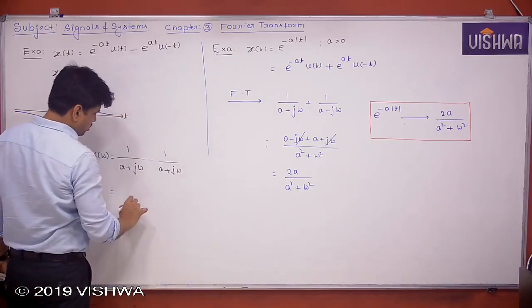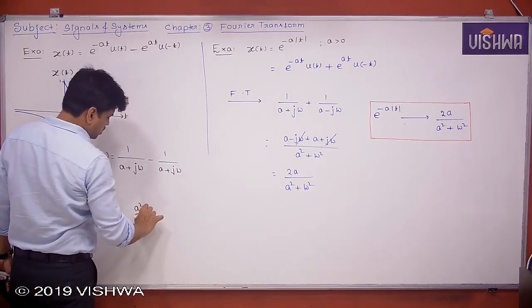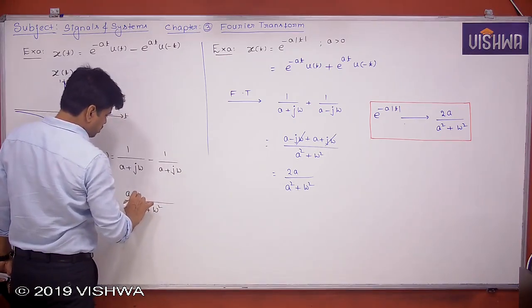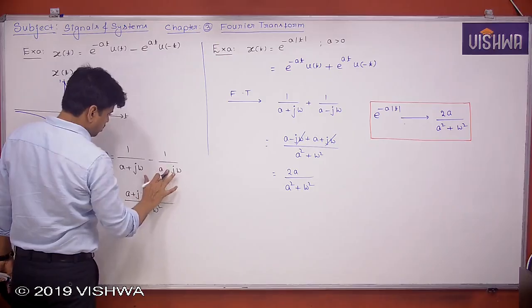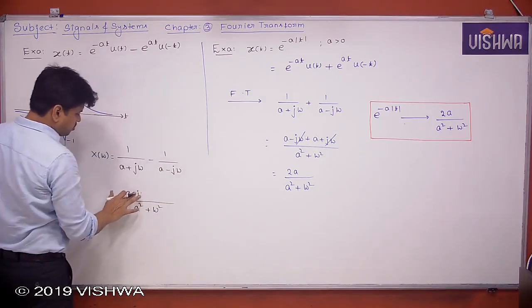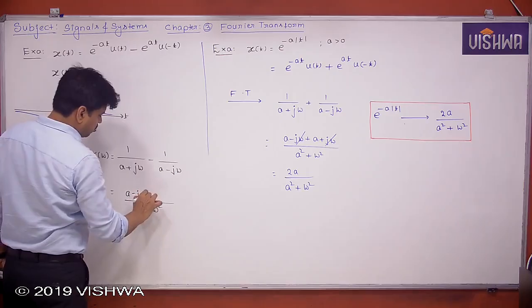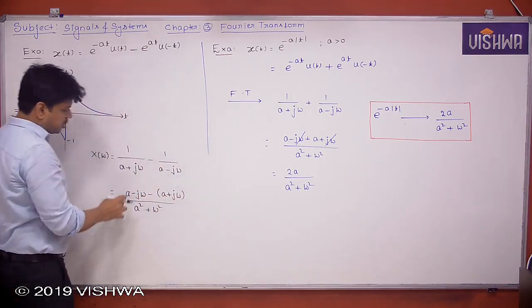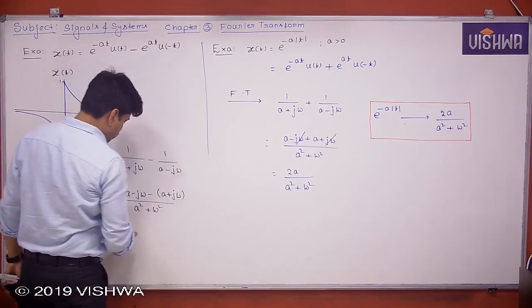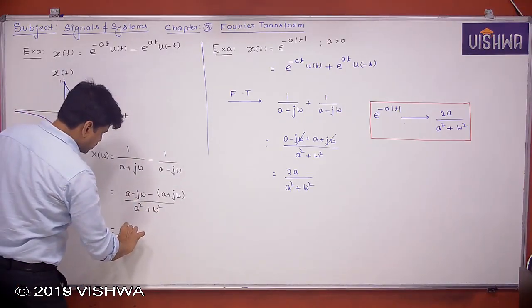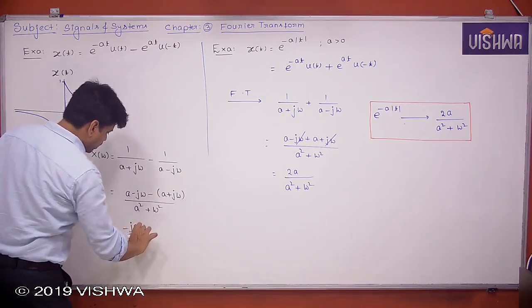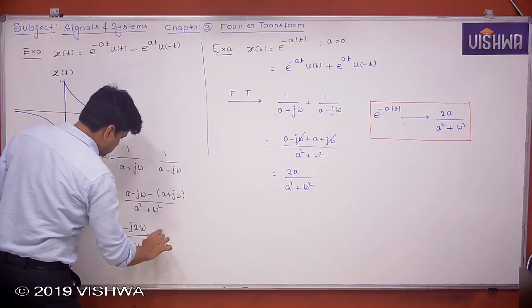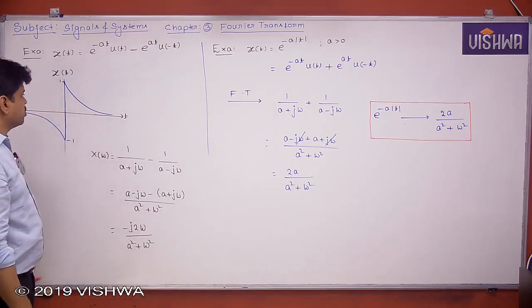Then the LCM is a square plus omega square, with a minus j omega minus a plus j omega in the numerator. So the a terms get cancelled. Finally, what we are left with is minus j 2 omega by a square plus omega square. So this is x of omega for this function.